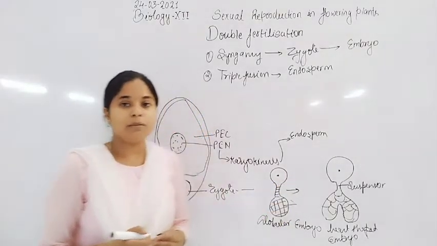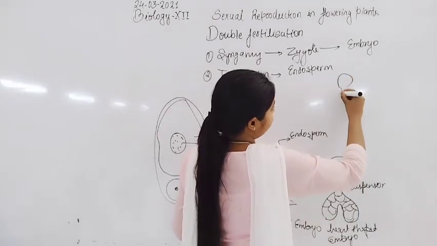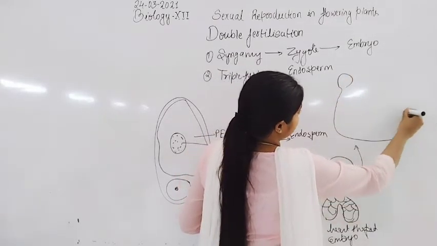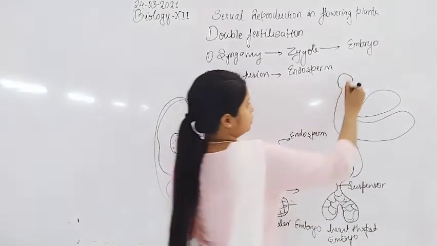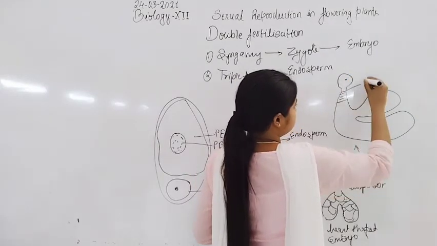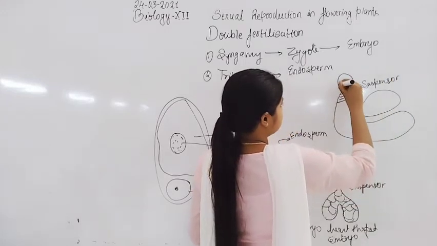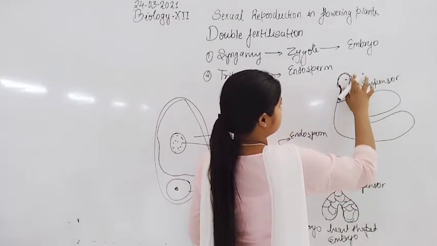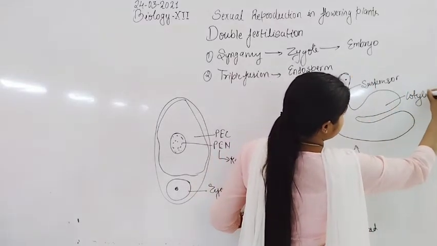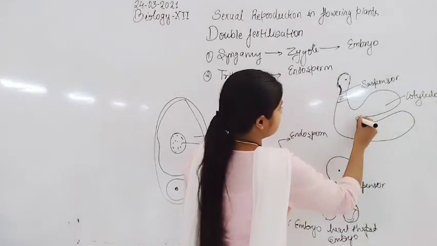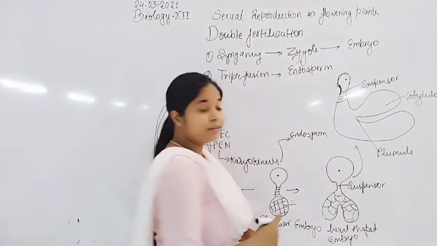From the heart-shaped embryo, the result is the mature embryo, formed by the suspensor, cotyledons, plumule, and radicle.